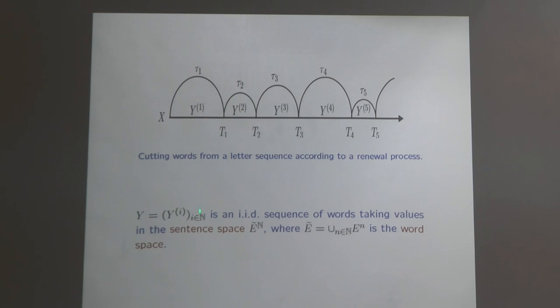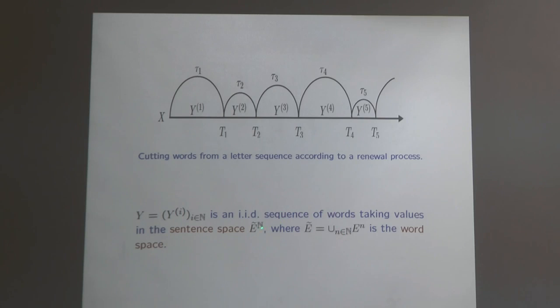Okay, and I'm interested in the sequence that I see here. So what does this random variable live on? It lives in the sentence space, where first of all there is a word space, which I call E twiddle, and this is just all finite words drawn from the alphabet, which is written here.